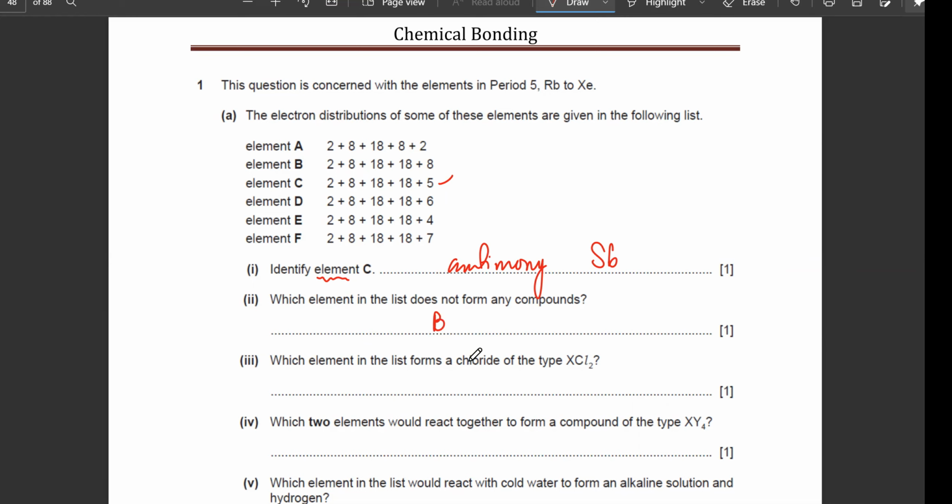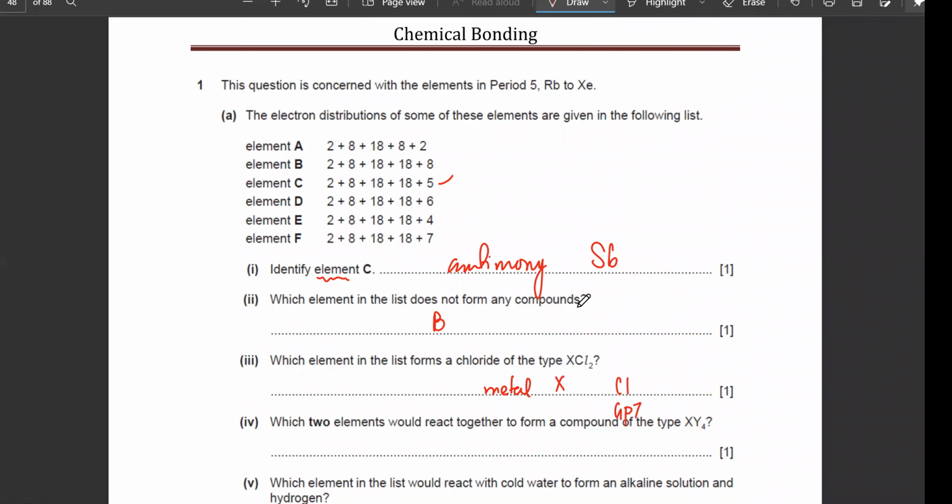Which element in the list forms a chloride of the type XCl2? They didn't tell you whether it's ionic or covalent, so let's assume it's ionic. Cl is in group 7, and this element X, let's assume that's a metal, group 1 or 2. Cl gains how many electrons if it's ionic? 1.